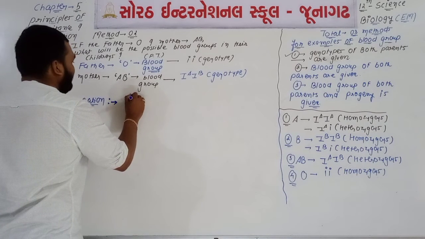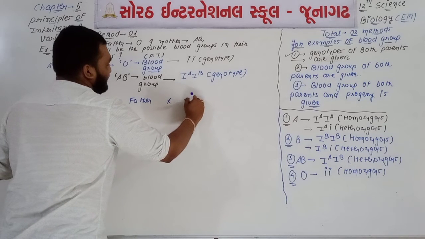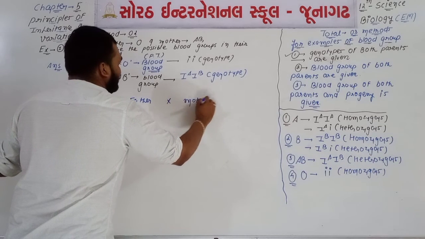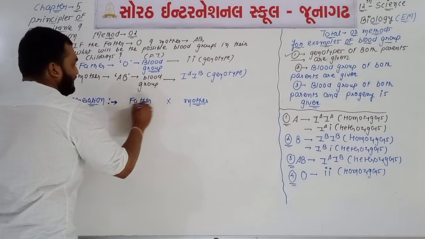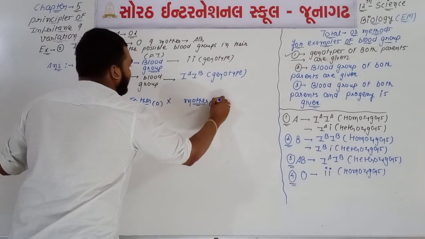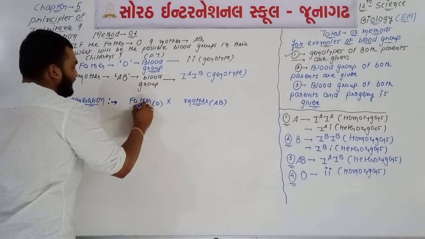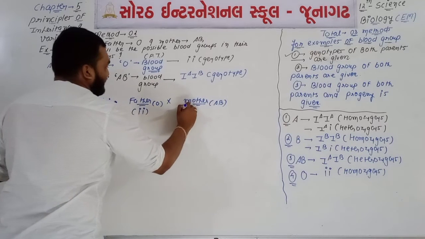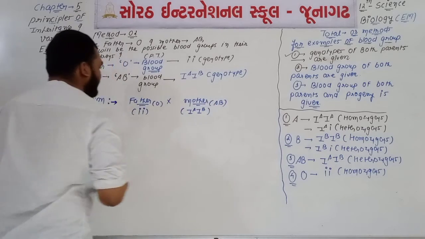So here we will write the father crossed with the mother. Here the blood group is O, here the blood group is AB. Now what about the genotype? Small i small i, here IA IB.